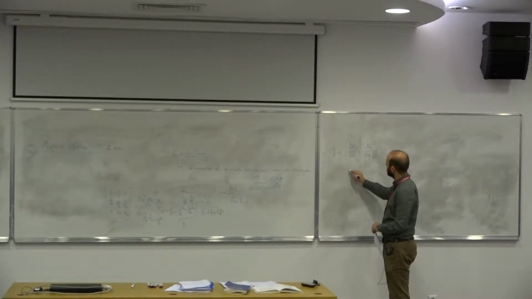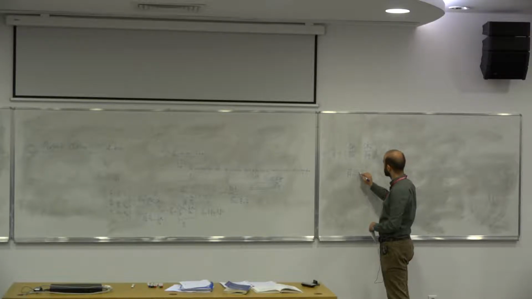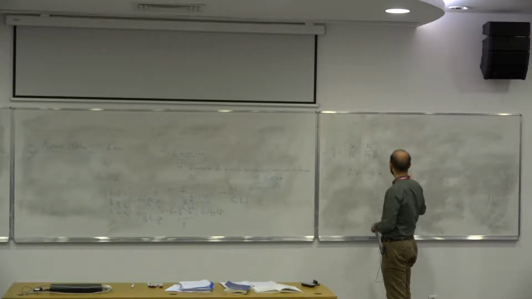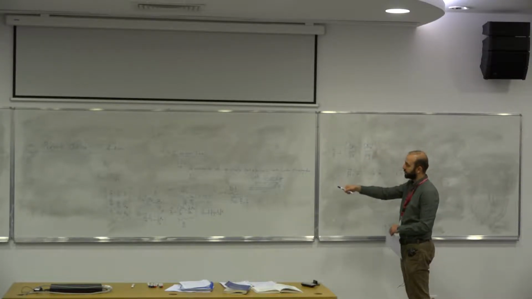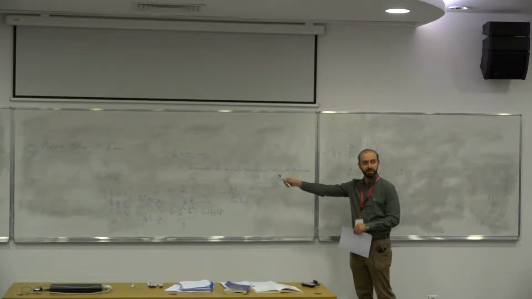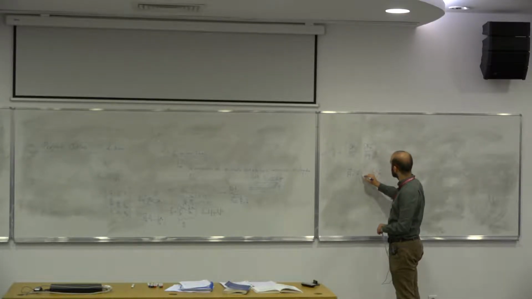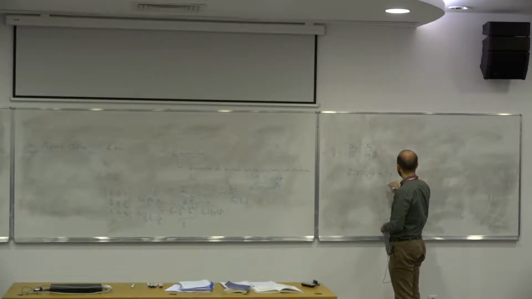So my A vector can be composed of 3 components, but obviously I need the x component and y component for a magnetic field pointing in the z direction. Okay, so this is, if you like, AX, this is AY, this is AZ.